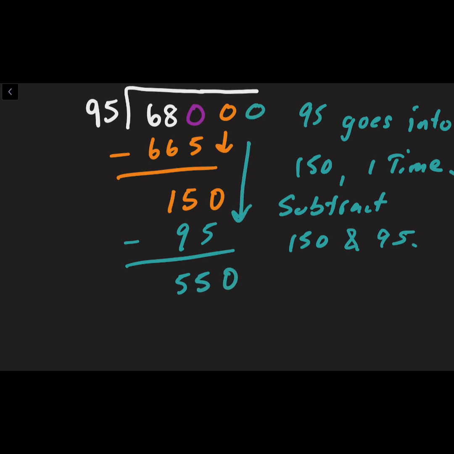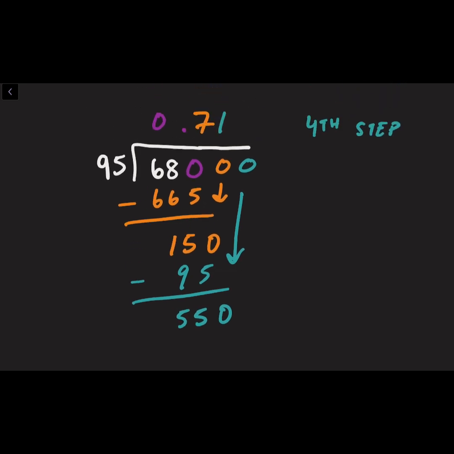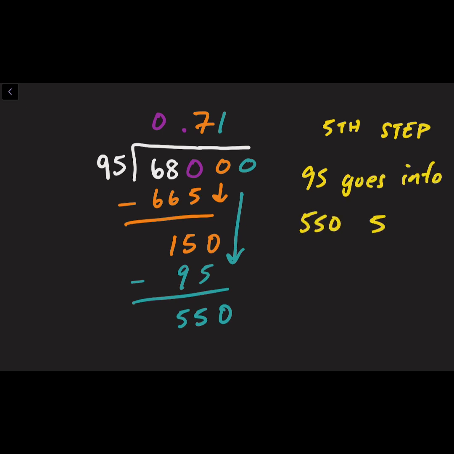Now we can move to our fifth step of the day. The thing we have to figure out is how many times 95 goes into 550. 95 goes into 550 5 times. We can write that up top right here.